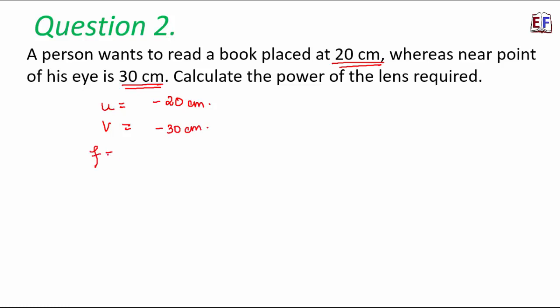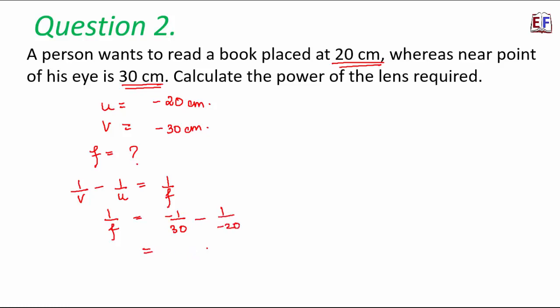Now the only thing that we can adjust to make this happen is the focal length. Correct? Because object distance is fixed, image distance is fixed. So the only thing that can change is the focal length of the lens. Now using the lens formula, 1 by V minus 1 by U is equal to 1 by F. So 1 by F will be equal to minus 1 by 30 minus 1 by minus 20.